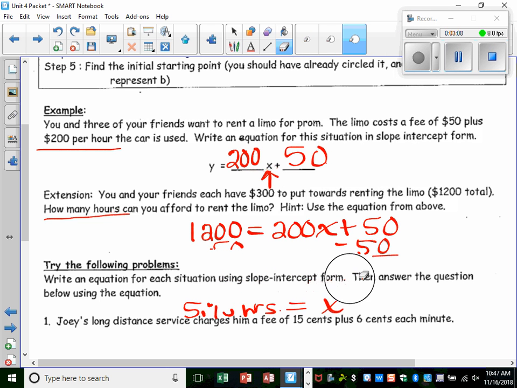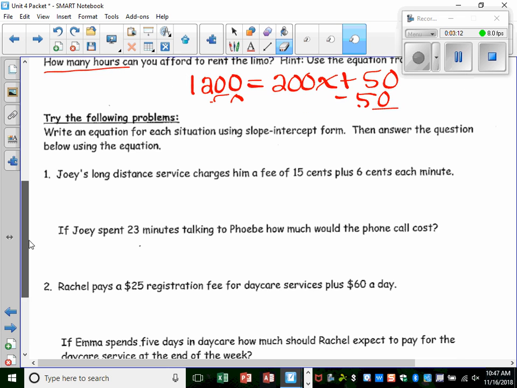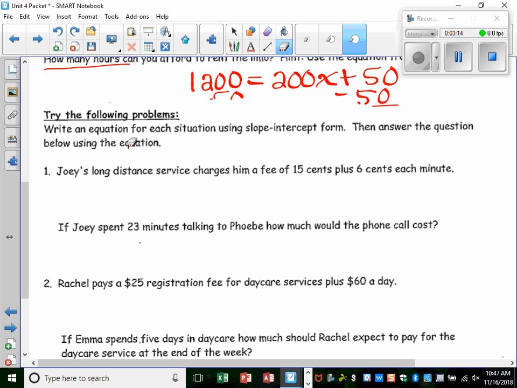All right, so let me erase this part. Let's look at the rest of these. It says write an equation for each situation using slope-intercept form, same thing we just did, and then answer the question below using that equation. Joey's long-distance service charges him a fee of 15 cents plus 6 cents for each minute. What is going to remain constant here?